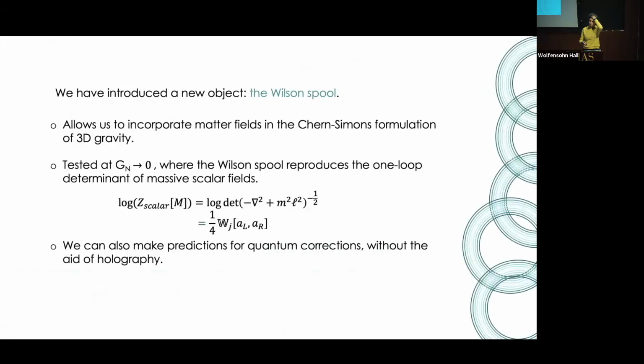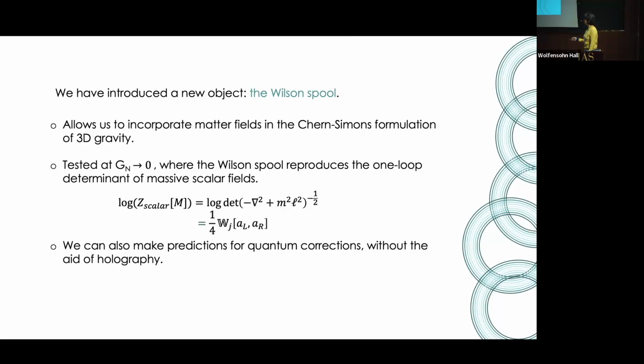So conclusions, basically what did I do today? What I have done is I have told you how to incorporate matter fields in the Chern-Simons formulation of 3D gravity. I did not mention the case of AdS3, but in the references listed there, we also do the case of AdS3. The proposal works as well there. We tested it.